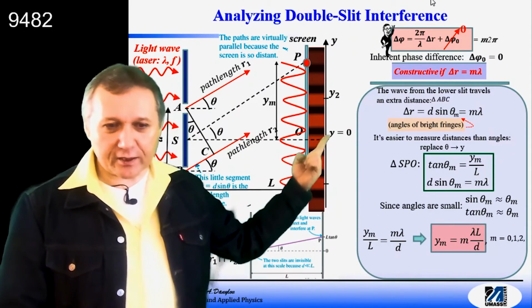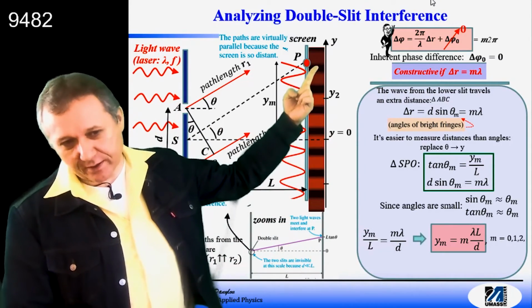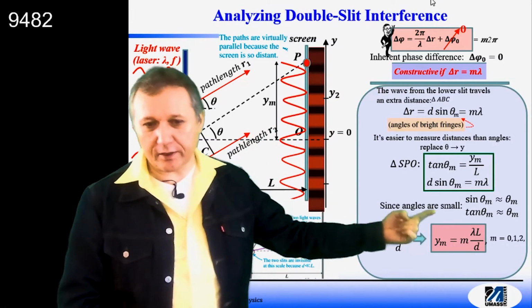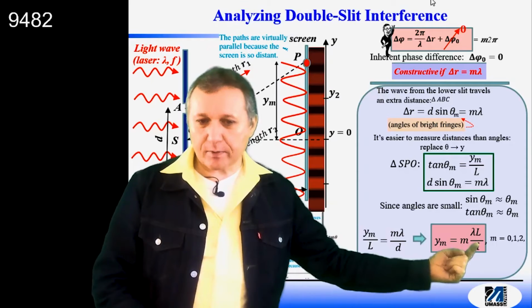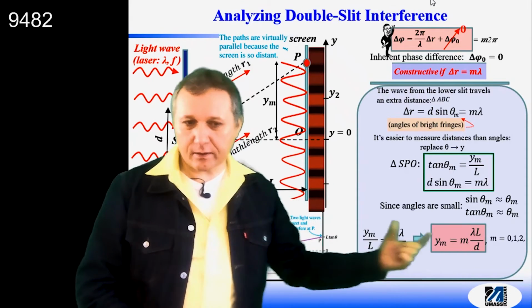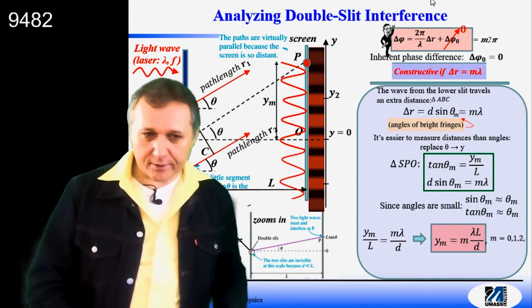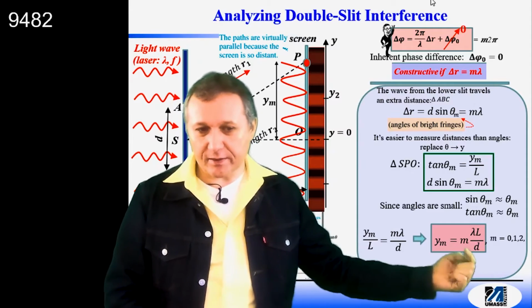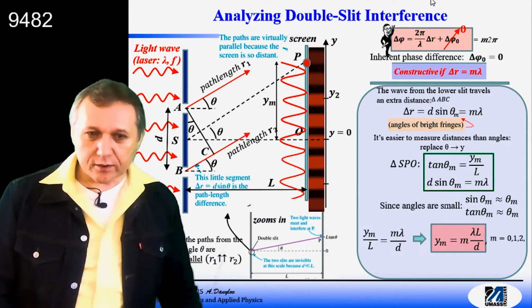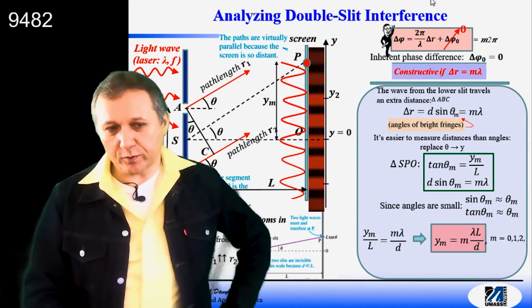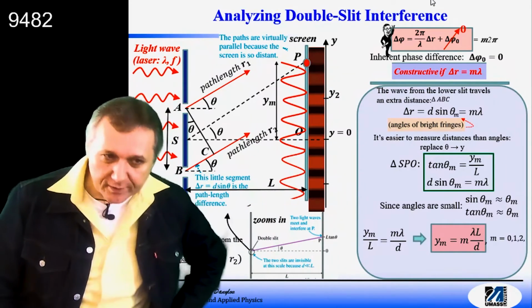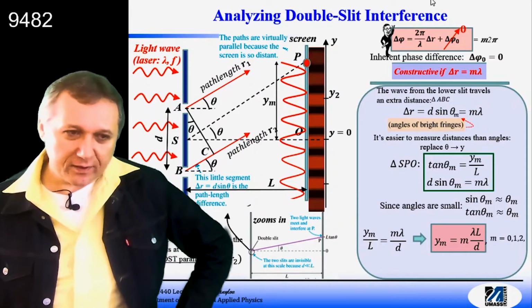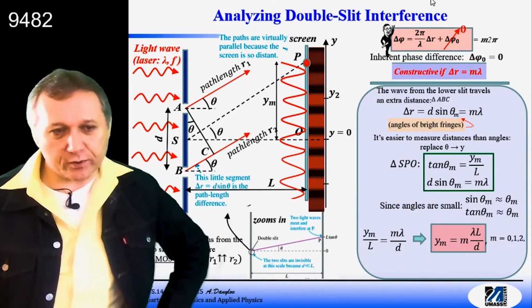The distance from the center of the screen to the mth bright spot equals integer m, you see 0, 1, 2, and so on, times wavelength, times L, the distance to the screen, divided by the distance between slits. That's what we need to use in order to predict the distance or position of the bright spot.